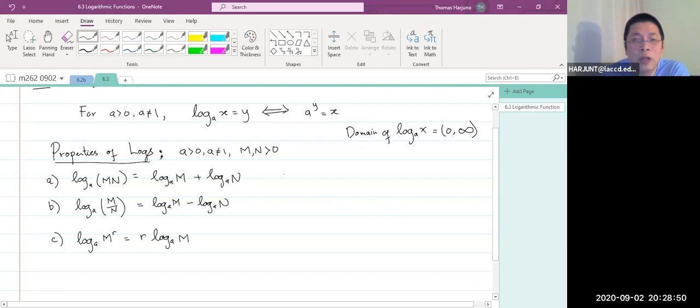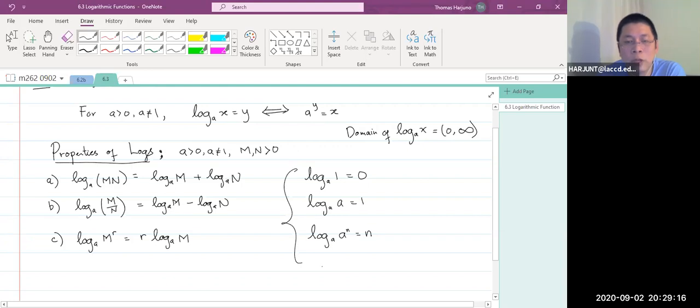Now, one of the big consequences, and this is more into basic properties: log base a of 1 is 0. Log base a of a is 1. Or in general, log base a of a to the n equals n. Also, a to the power of log base a of x equals x.